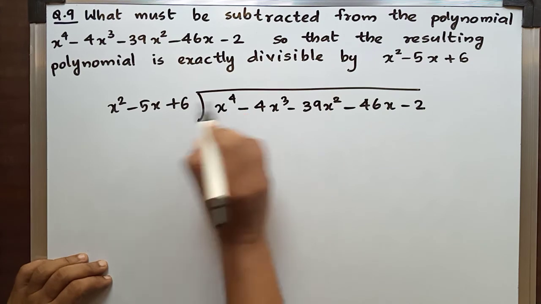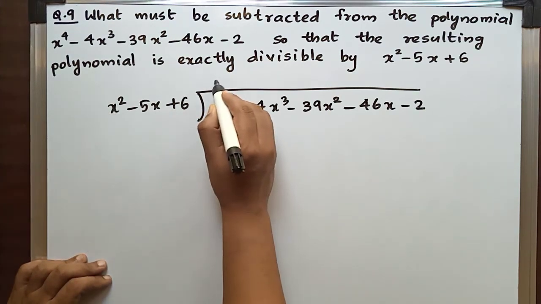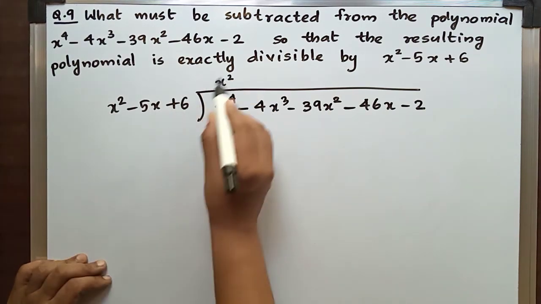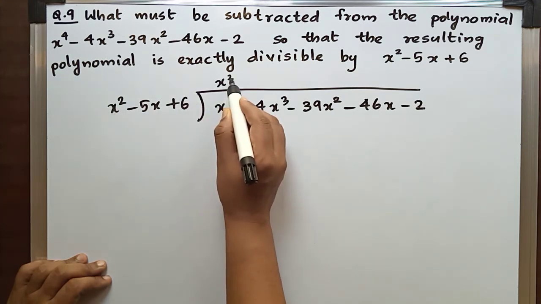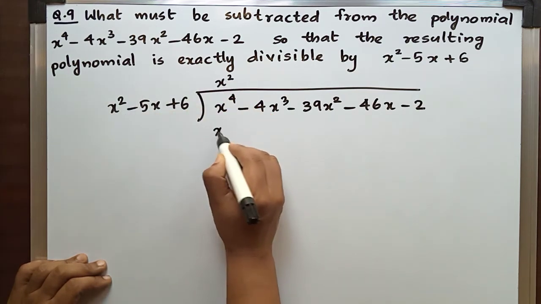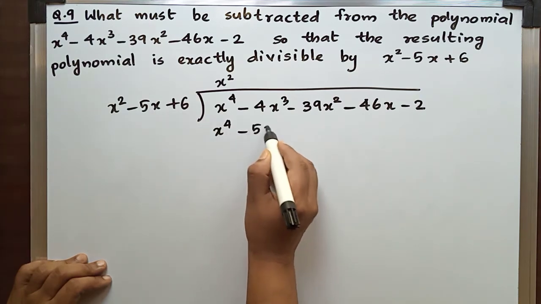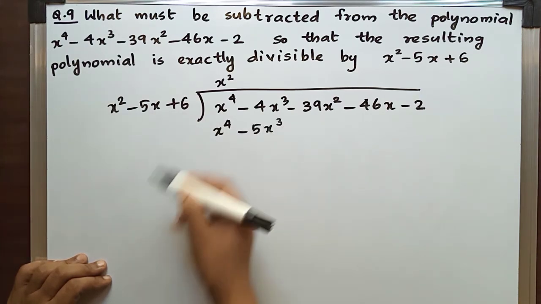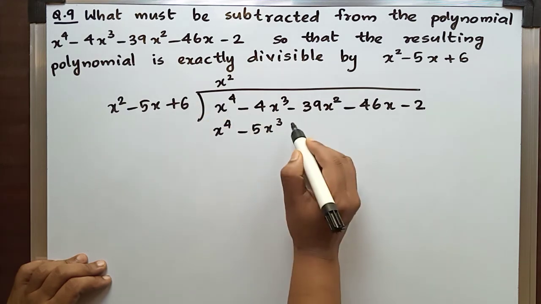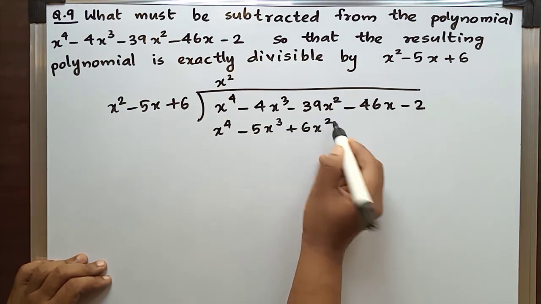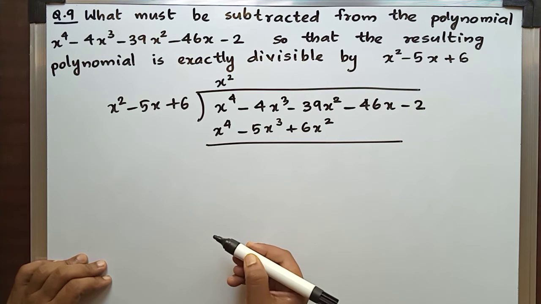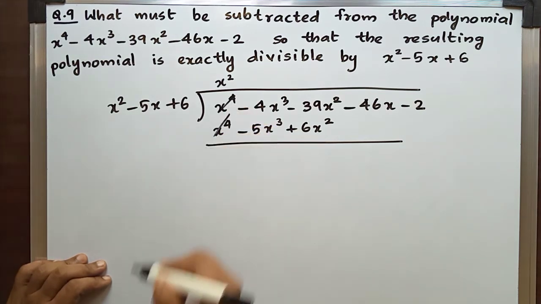Here we have x raised to 4 and here we have x square, means we have to multiply it by x square to make it x raised to 4. X square into x square, x raised to 4. X square into minus 5x, minus 5x cube. X square into 6, plus 6x square. Now we are going to do subtraction. This term will get cancelled.